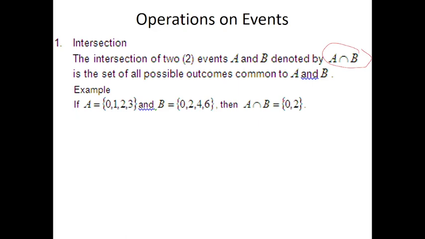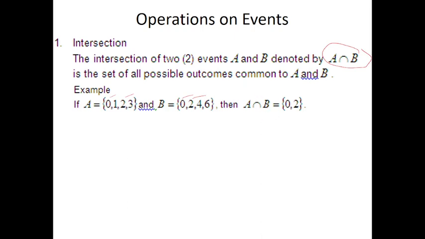So, isusulat natin lahat ng common outcomes dun sa dalawang events. Okay? So, in here, 0 is common, 2 is common. No more. 1, wala namang 1, 3, walang 3, 4, walang 4, 6, walang 6. So, 0 and 2.